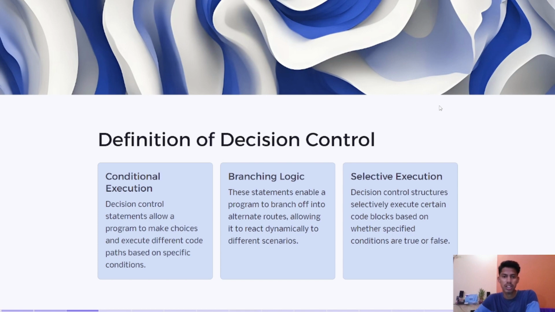These logics are used to find out the execution part, and selective execution also defines what kind of execution of the program you need, whether it's an output, whether it's true or false, or anything else.